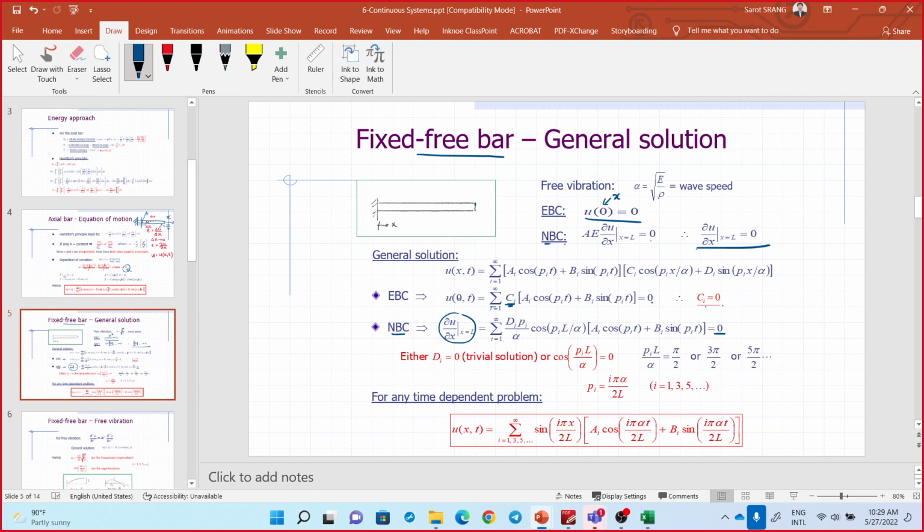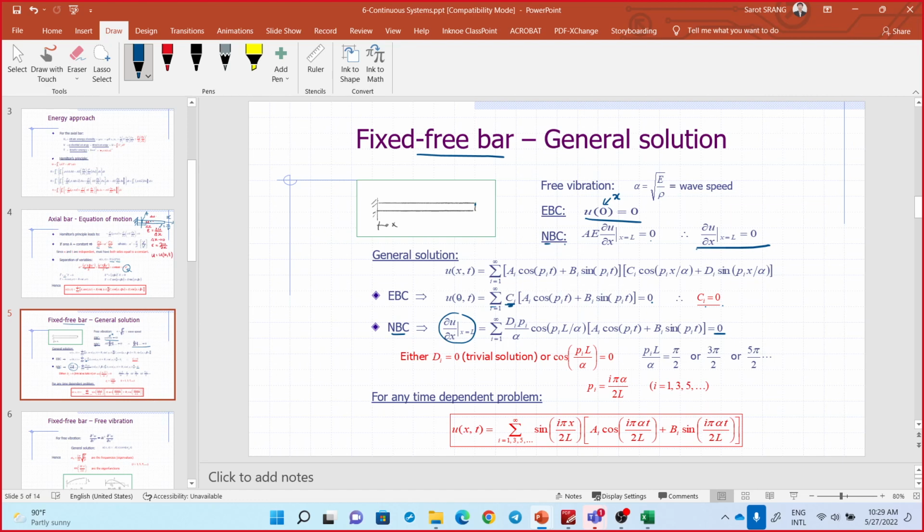Then we have the time dependent solution, u of h and t, like this, and then we apply the initial condition.